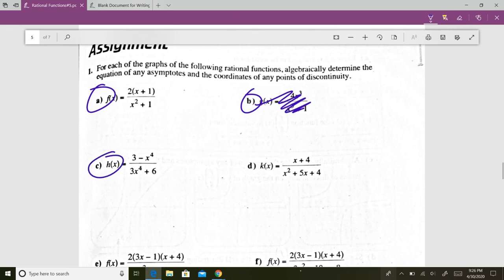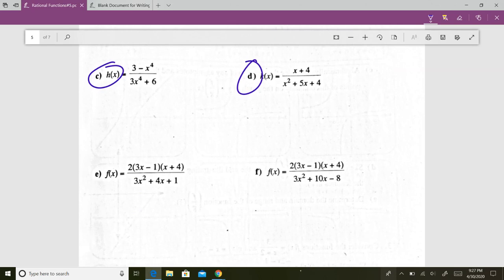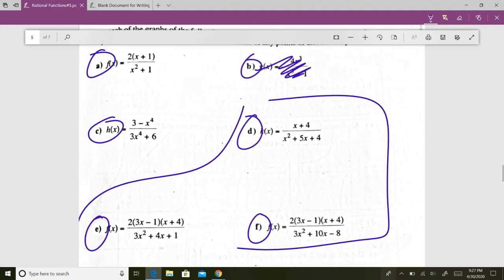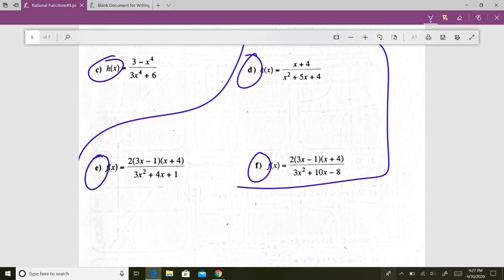You can do that one. Definitely these two. Actually, just focus on D, E, F. That'll be good. And you can sketch them and just use Desmos to check your answer because they don't have the actual graphs in the back here. So just do number 1, D, E, and F. If you want extra practice, I'm going to attach some sheets that have practice like the ones you will see on the assignment.